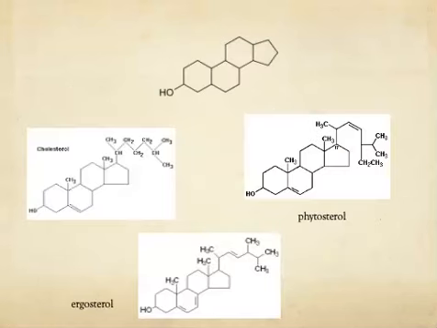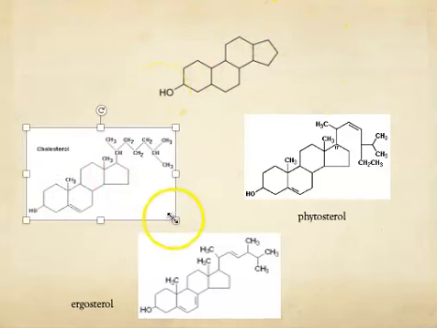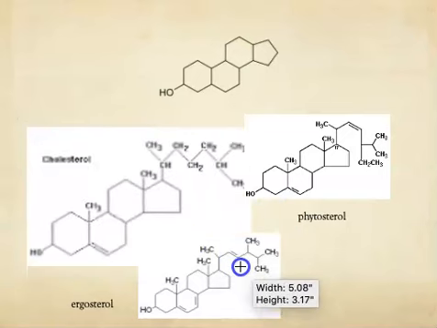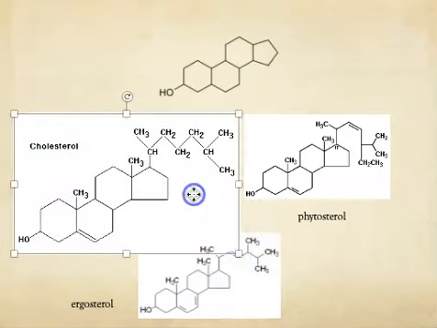On this slide, up at the top, you're looking at that basic structure again of a sterol. We have 4 carbon rings attached to each other and a single hydroxy group coming off of one of those rings. So all sterols have that basic structure. Now, if you look at this drawing here on the left, this is the structure of cholesterol. You can see the 4 rings here. Here's the hydroxyl group. And then you see all the modifications that make cholesterol a unique molecule.